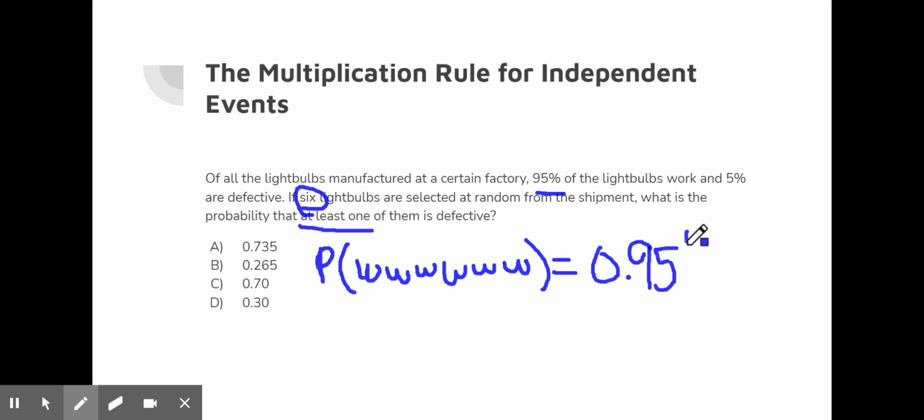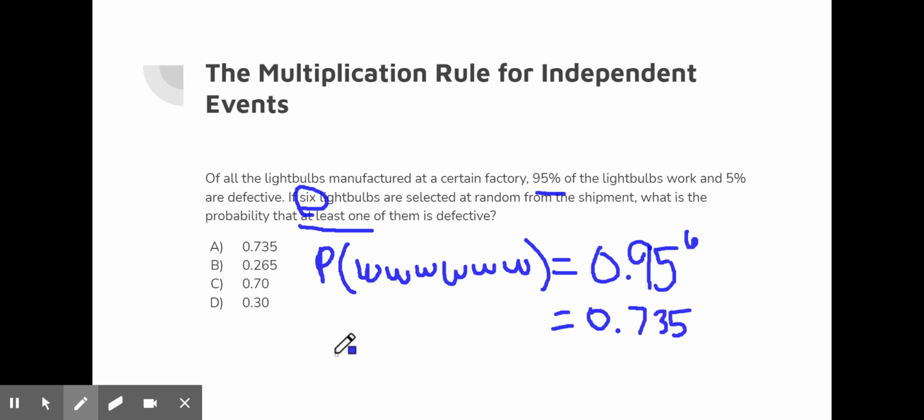And I'm just going to raise it to the 6th power. It's the same as multiplying it out 0.95 by 6 times. And what we get there is 0.73509. We'll just leave it at 0.735.